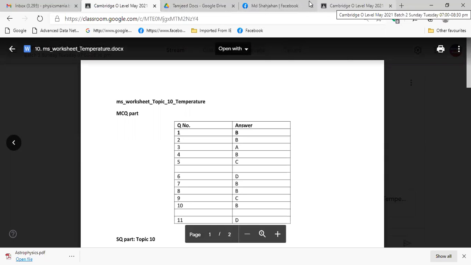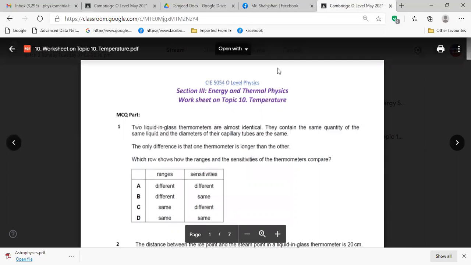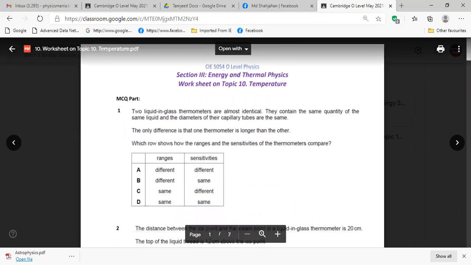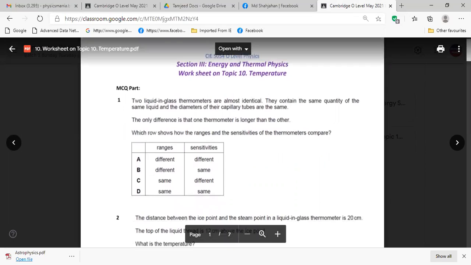It's the record, right? Then 1 you got. Do you have an idea about range and sensitivity? Yes sir. What idea do you have?